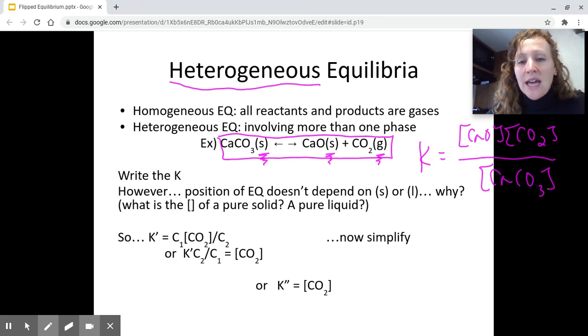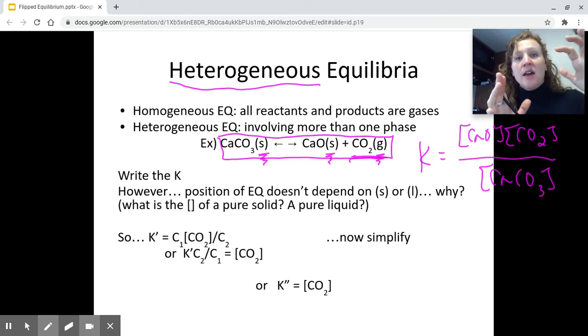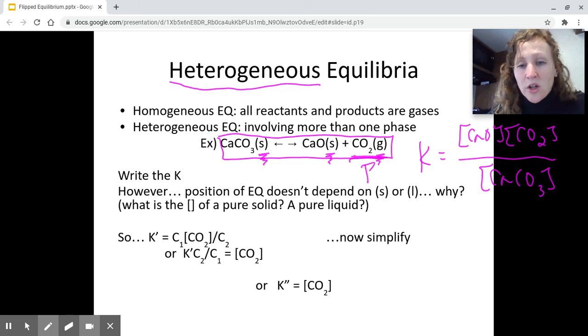When we have a gas, like CO2, we can talk about the percentage of the total gas that's present, right? We can talk about the percentage of the total gas that is due to carbon dioxide. That's going to be called the partial pressure of carbon dioxide.